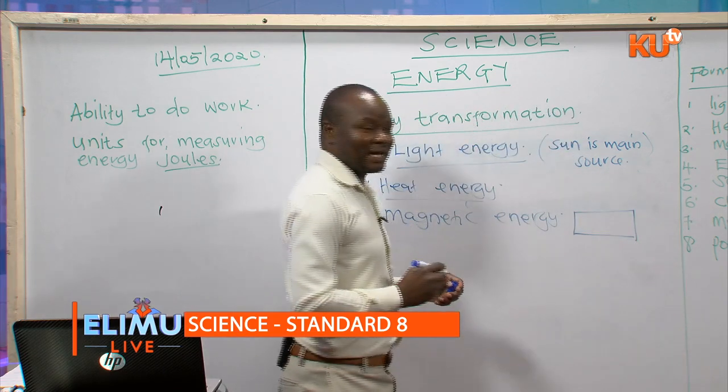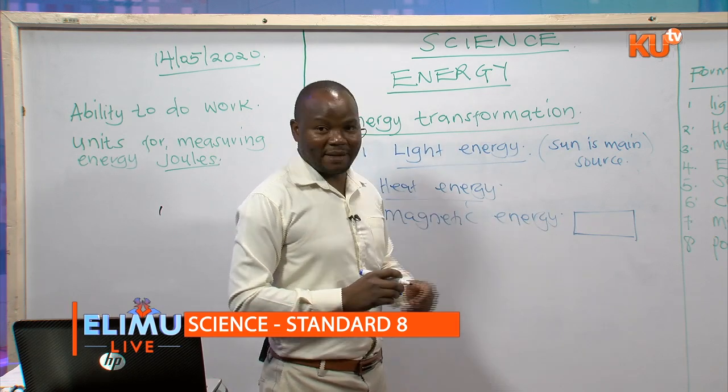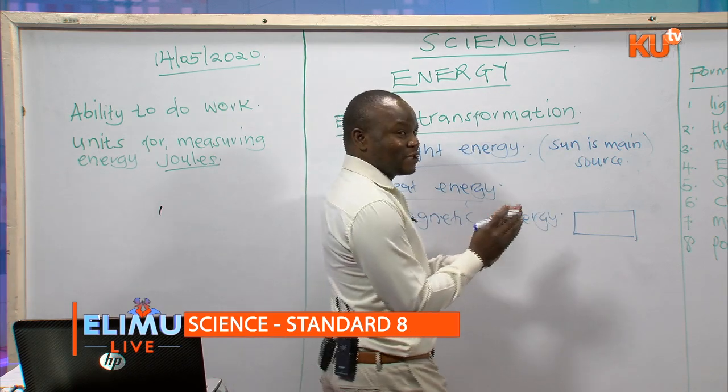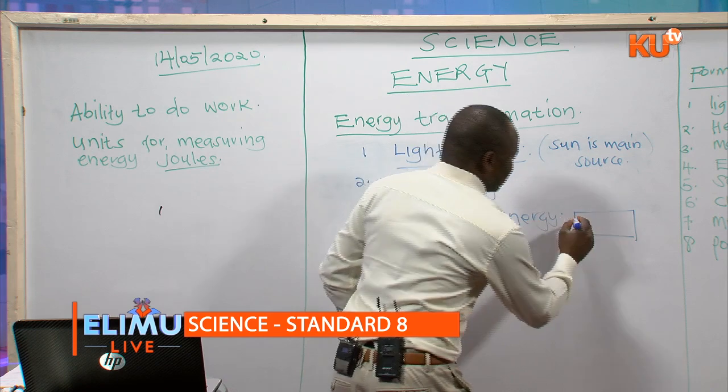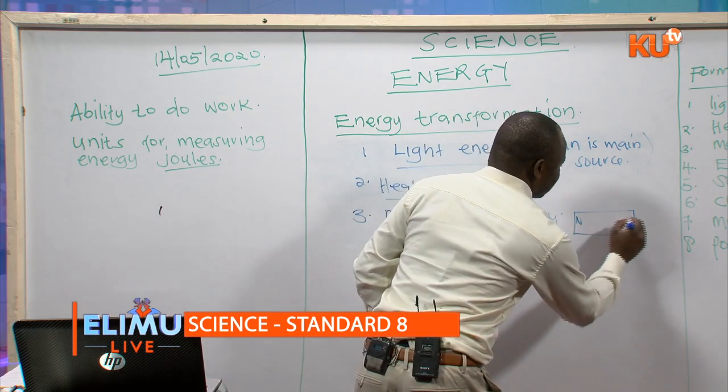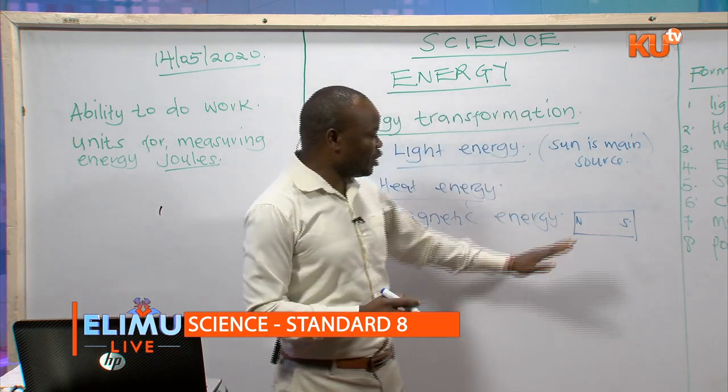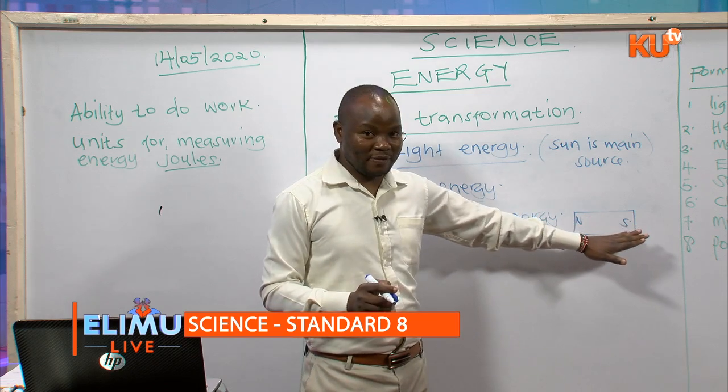If this is a bar magnet, you'll find that one side of a magnet is north and the other side is south. So we have the north pole and the south pole.